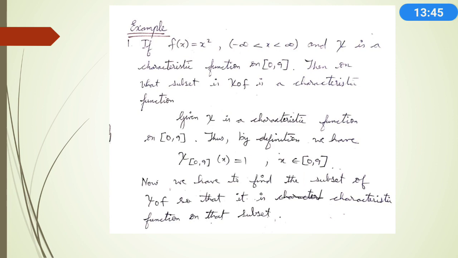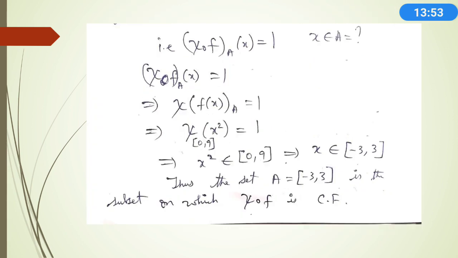Now I want the subset for the composition of psi and f. We will find it now. So psi composition f of x is equal to 1, x belongs to A, and we have to find this A. Now since it's a composition, I can rewrite it as psi of f of x is equal to 1.